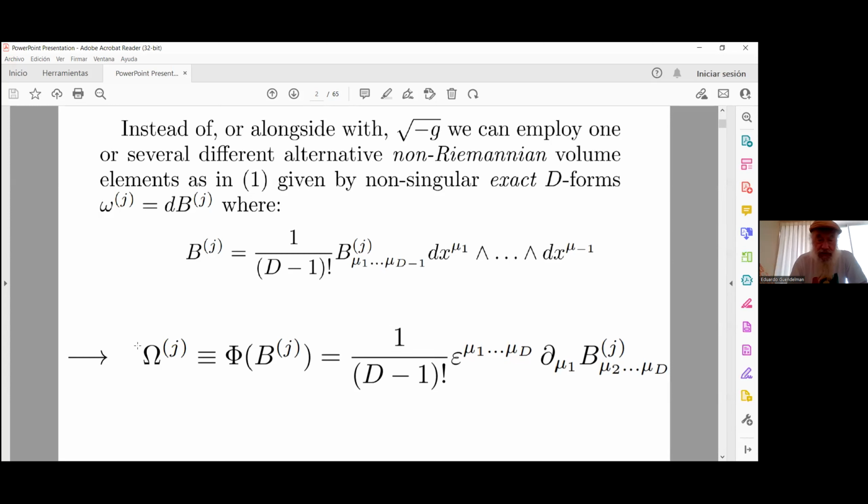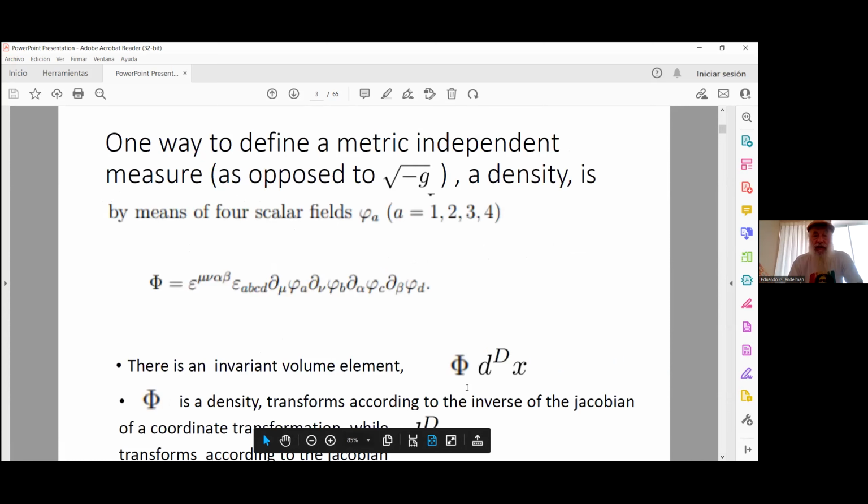And this is a density which behaves exactly as a square root of minus g, and it can be used as a measure of integration. One particular way to define a metric independent measure as opposed to square root of minus g is by means of four scalar fields if you are in 4 dimensions.